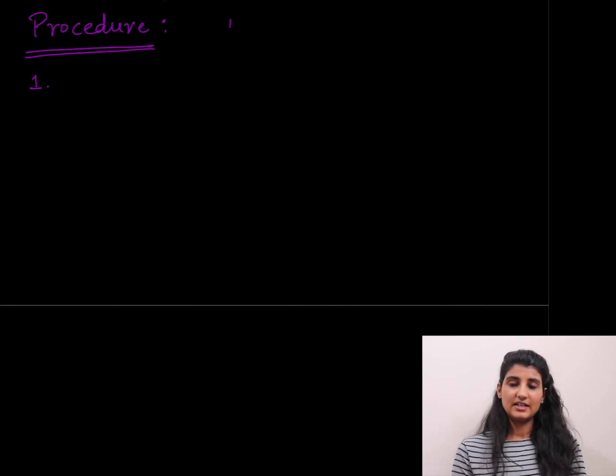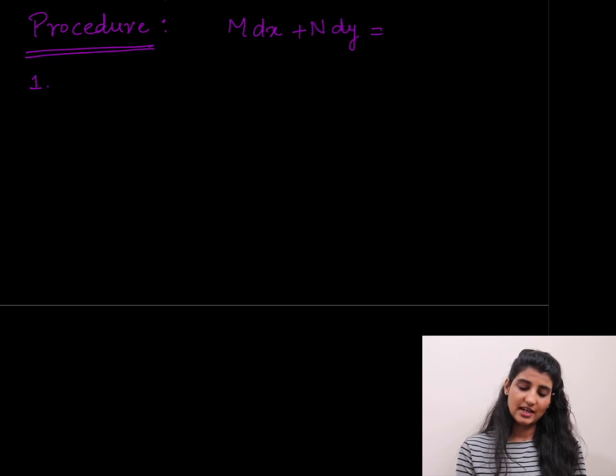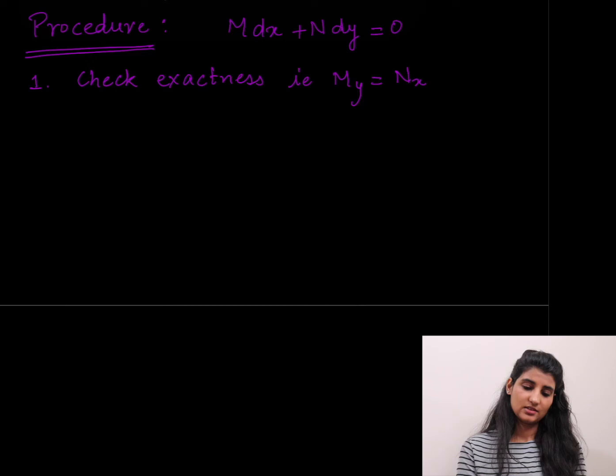Step 1: we are working with M dx plus N dy equal to 0. In step 1 we will check exactness, that is, M_y equal to N_x.